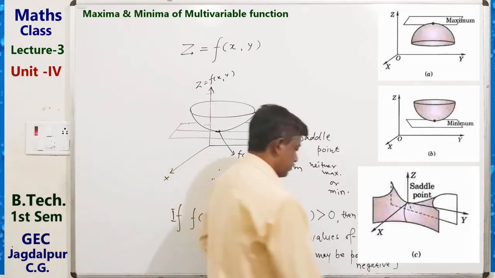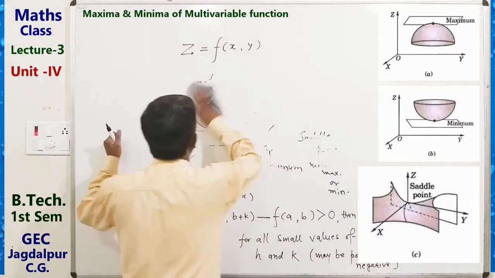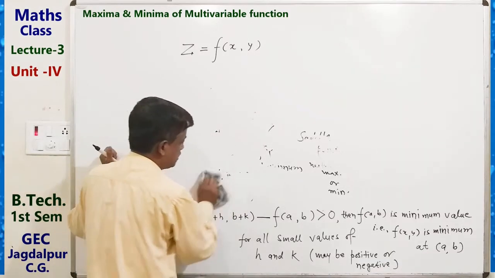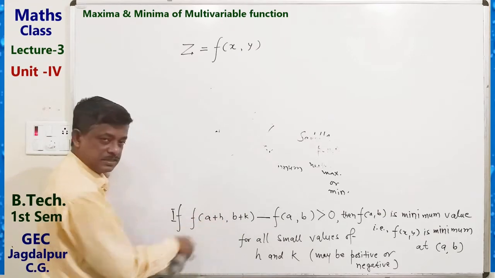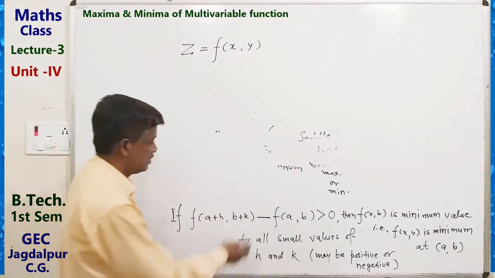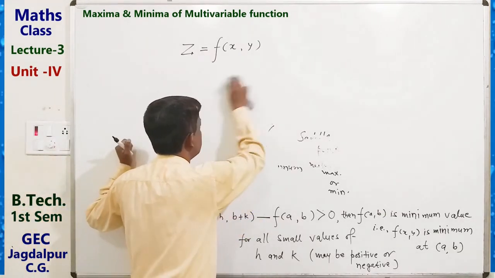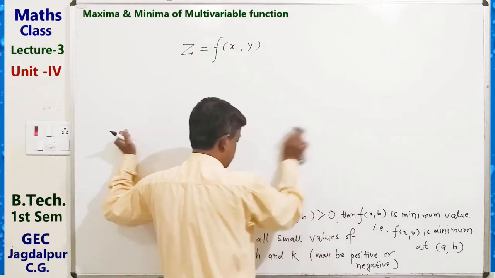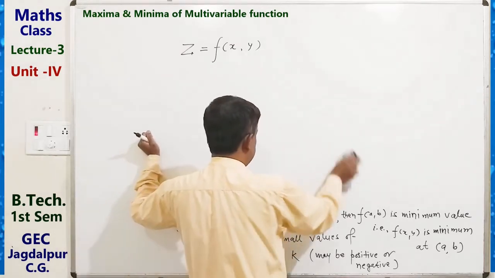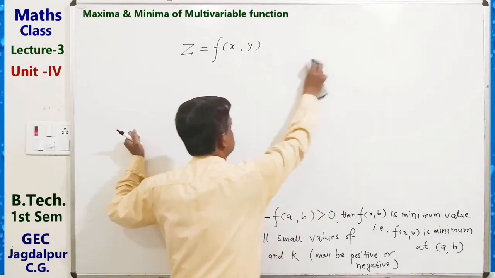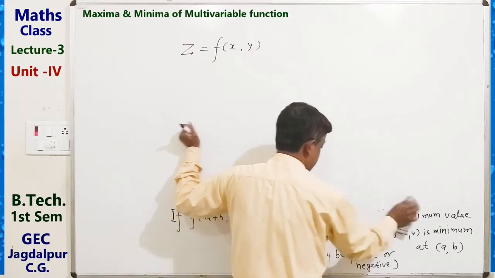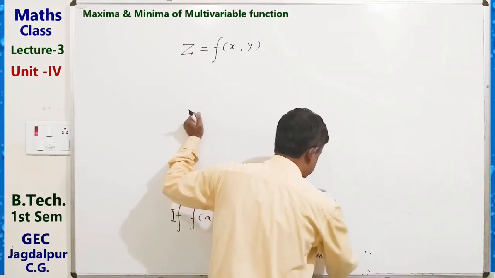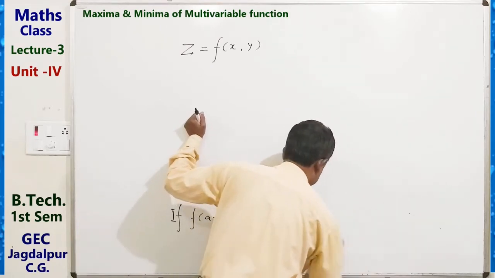Okay. So our discussion gives that if the sign of this is positive, then we say minimum, and if the sign of this is negative, then maximum.